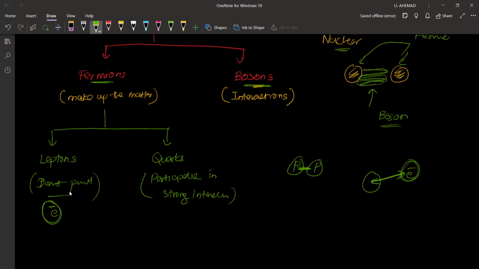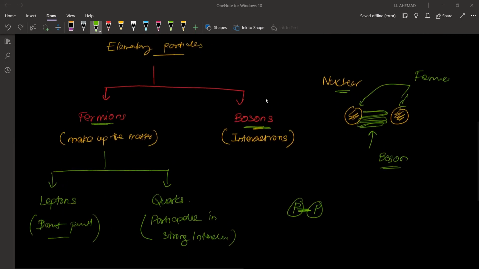They do not involve in strong interactions. And then we have quarks that are within the proton. The proton is made up of quarks, and those quarks have strong interactions. So did you get an idea about what leptons and quarks are?